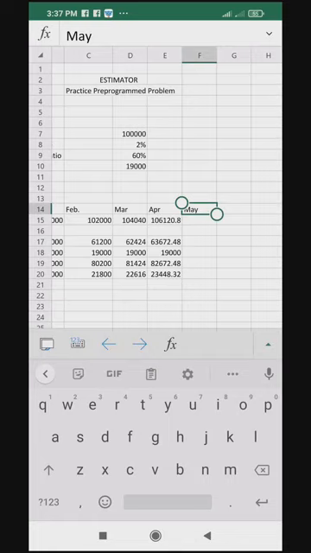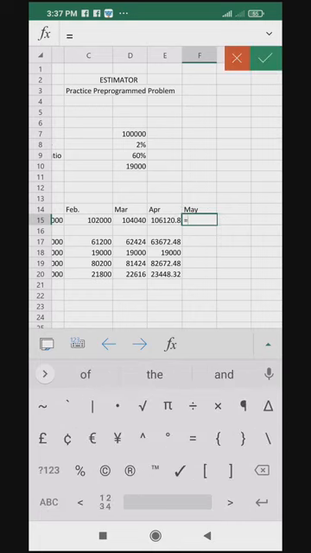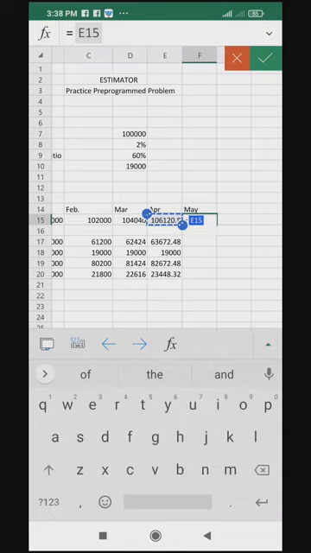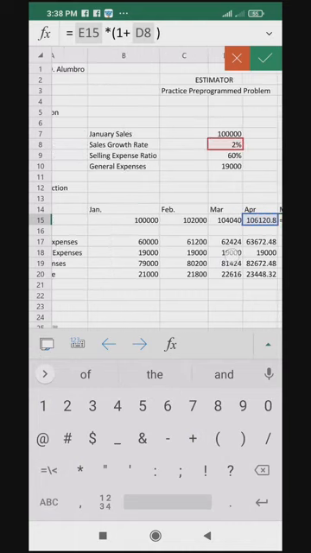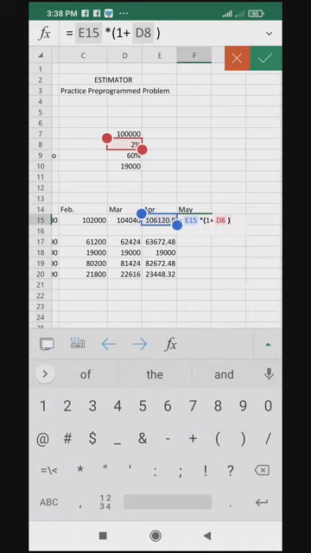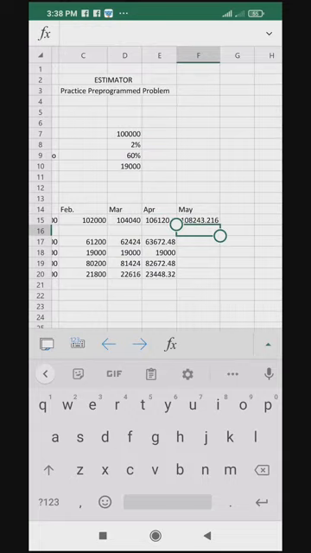And let's proceed for the month of May. So the sales for the month of May is equal to E15, which is the sales for the month of April, times 1 plus D8, or the sales growth rate, equal to 108,243.216.